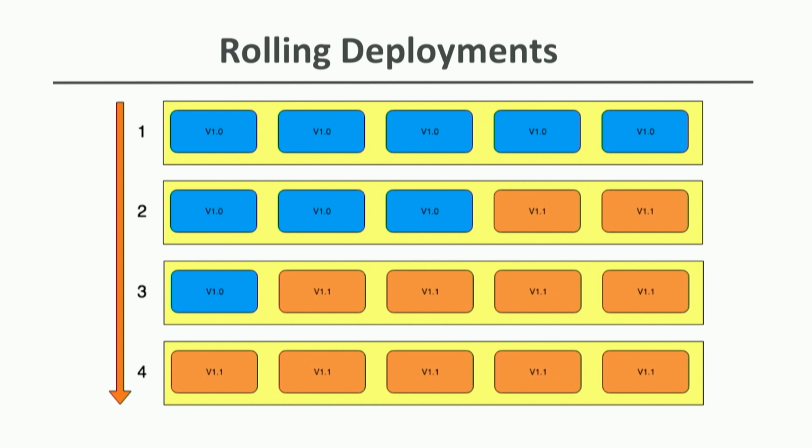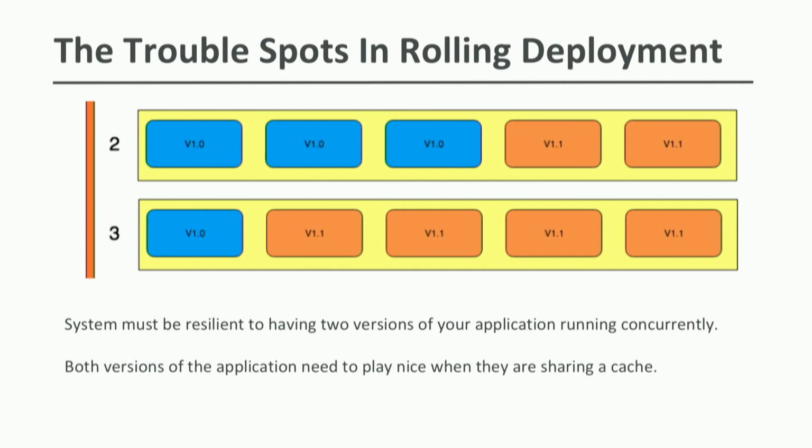Going from top to bottom in time, you have an initial version of all your software. Again, your automated tool will install the new version on 2 nodes, and then if nothing goes wrong, it rolls forward and does 2 more, and eventually you get to your new version. So the interesting thing we ran into, trouble spots.